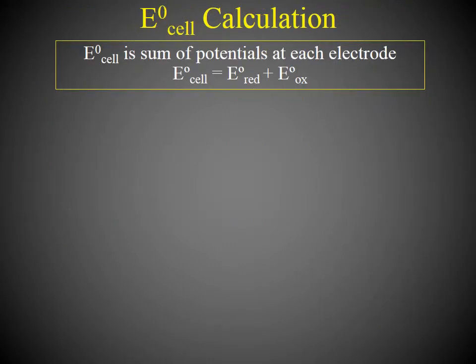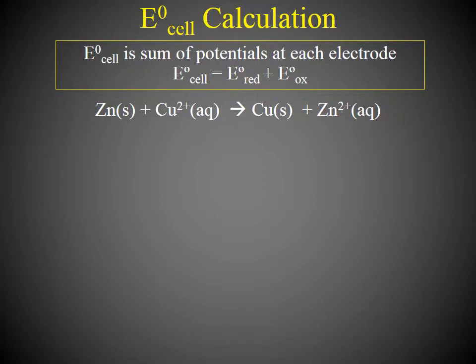Okay, so now that we have the potential values for a variety of cells, let's combine different cells and see what kind of voltage output we can get. The voltage output of a cell is given by the summation of the voltage value of the reduction reaction plus that of the oxidation reaction. So let's take a look at this reaction and see what kind of output of voltage we get.